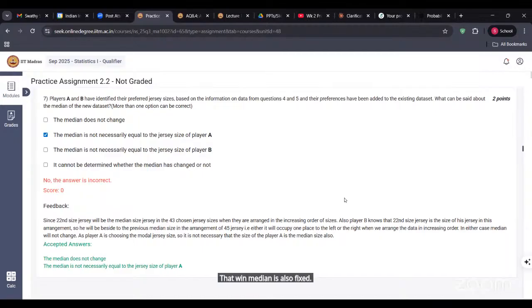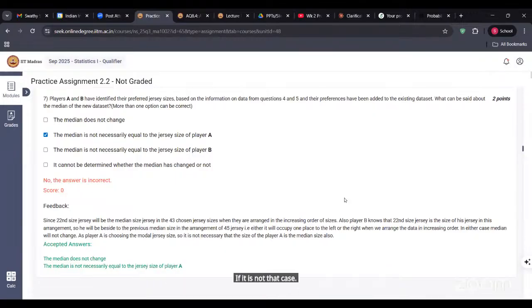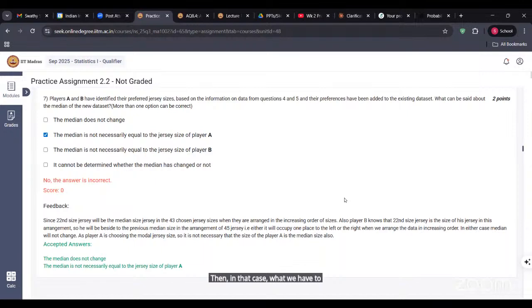What Swistika is asking is, as we have chosen S as our repeated one, we are considering it as median. If it is not that case, if it is M and XL, other sizes are also playing a vital role in the number of jerseys, then in that case, what do we have to choose? That is her question. No, I was not asking about XL.